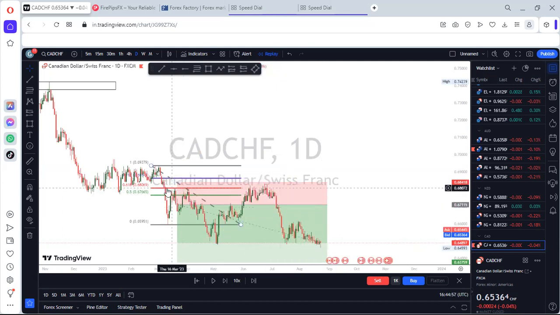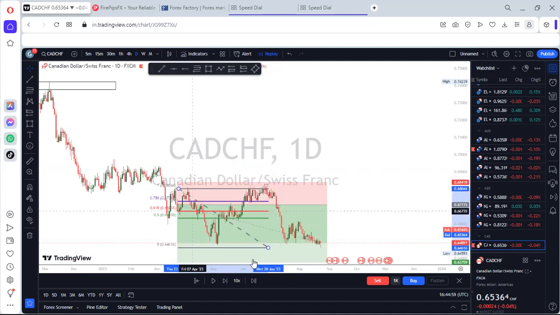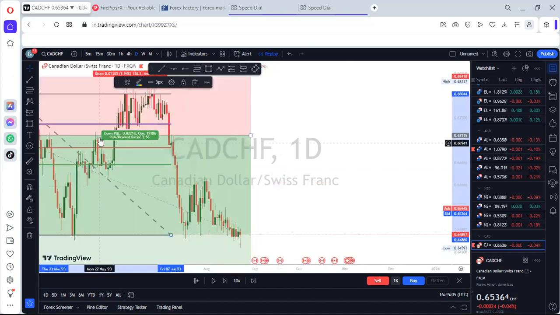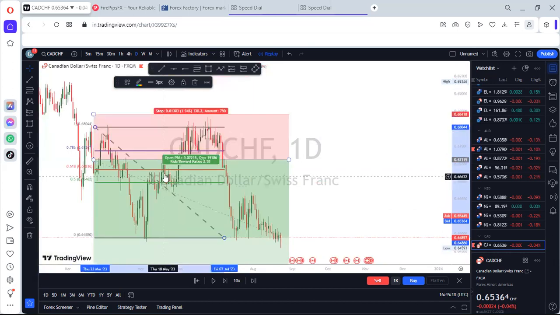And if you have plotted your Fibonacci the same way from here to this zone, you see that we had a confirmation right here, but I don't like to take it just like that.